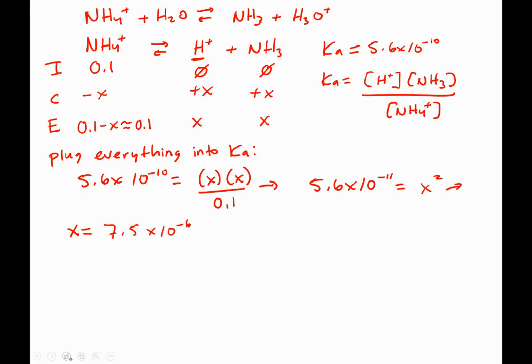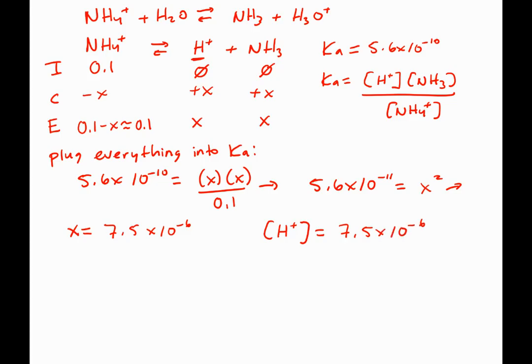Now, every time you find the value of X in an ICE table, you always have to go back up to the ICE table and see what the value of X represents. And when you look at the ICE table, what you see is that the value of X represents the equilibrium concentration of H+. So that's what we just found here. We can say at equilibrium, the concentration of H+ is 7.5 times 10 to the minus 6 molar.